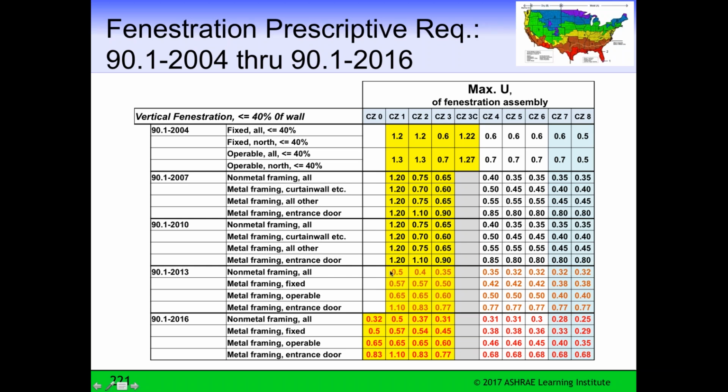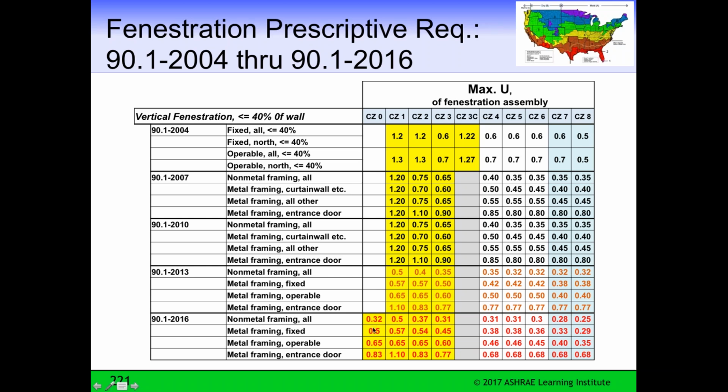It wasn't until 2013 that there was a major increase in stringency of the maximum U-value of the fenestration assemblies across pretty much all climate zones. Then in 2016, this was cranked down even more. It didn't change much in climate zones 1, 2, and 3, but it changed a bit in climate zones 4 through 8. 2016 was an increase in stringency from 2013.